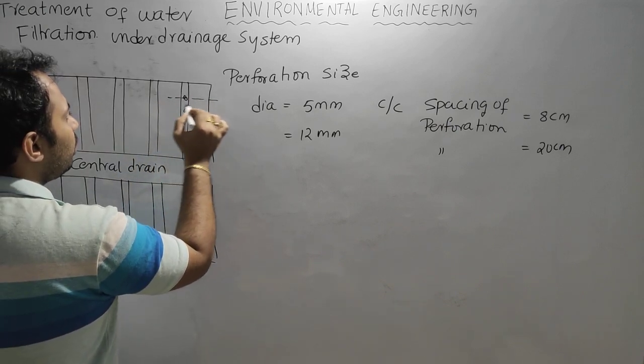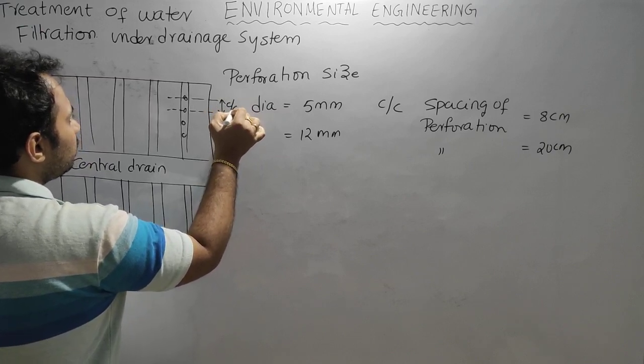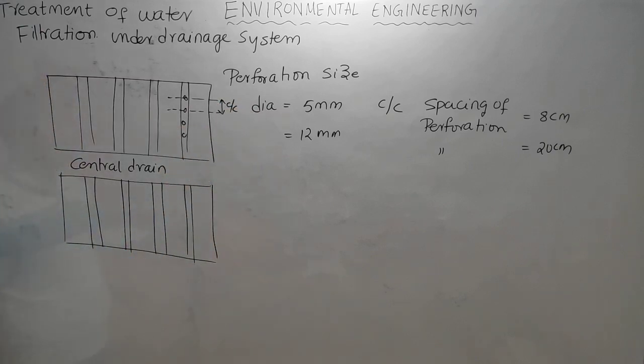This is one perforation, this is another perforation, and the distance between them is called the center to center spacing of perforations.